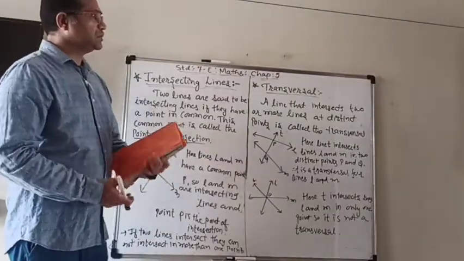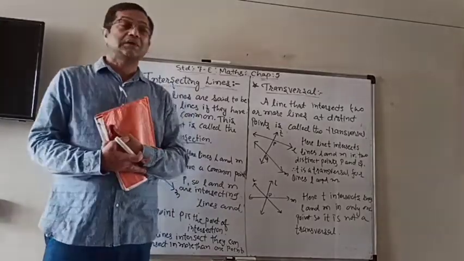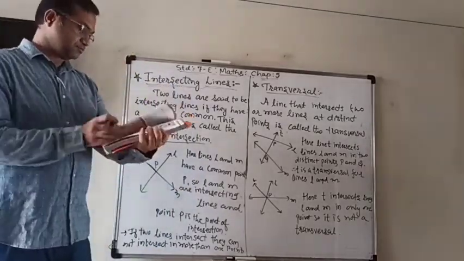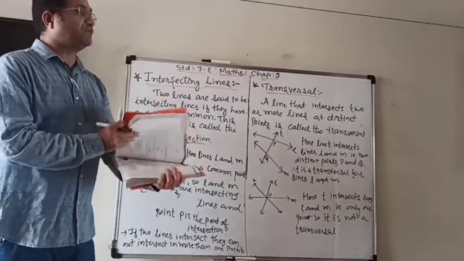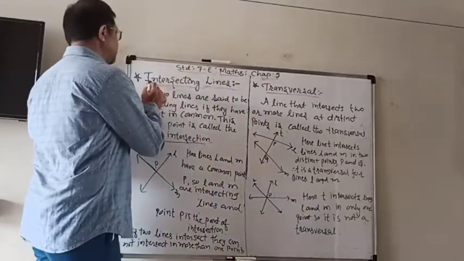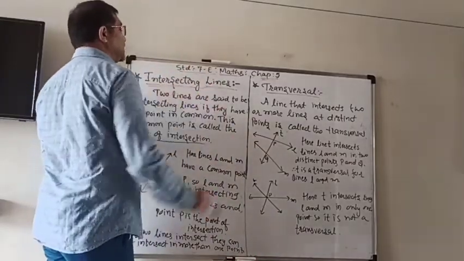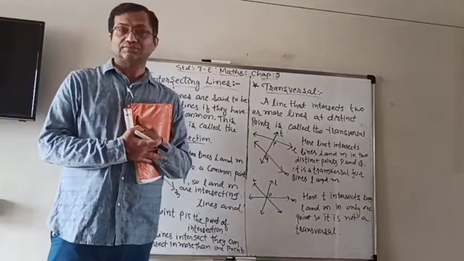Now we have to learn about the different types of pairs of lines. Here we have to learn about the intersecting lines. So what is the special definition?